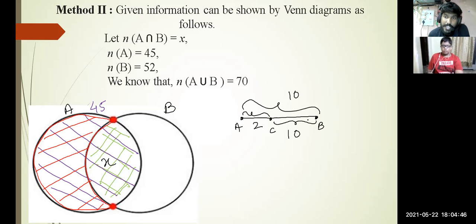What are you doing to get 8? I am subtracting 2 from 10. You're doing 10 minus 2 to get 8.